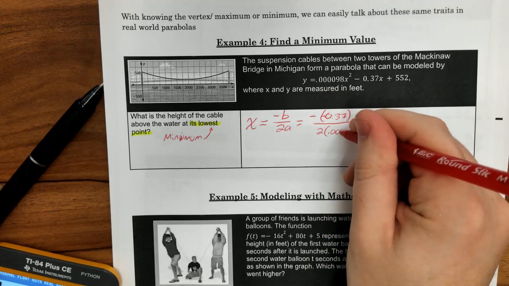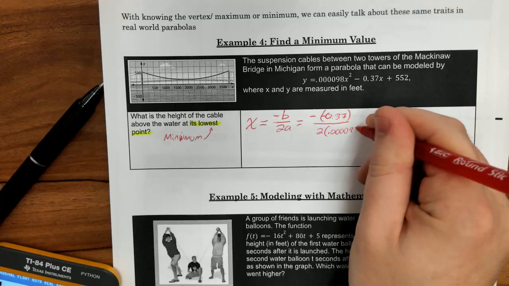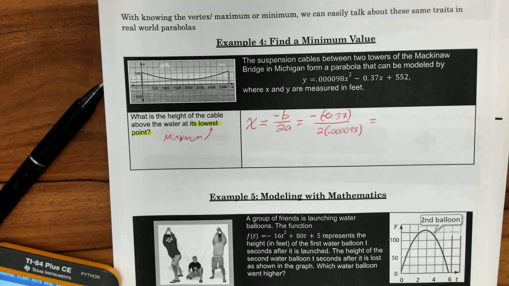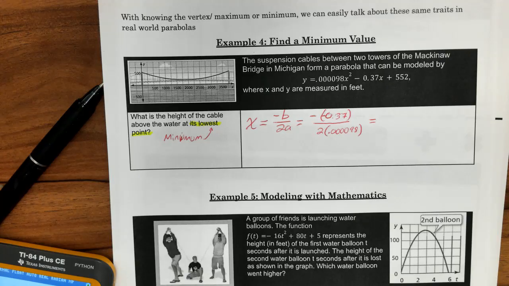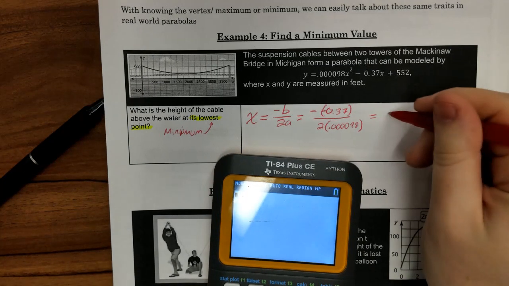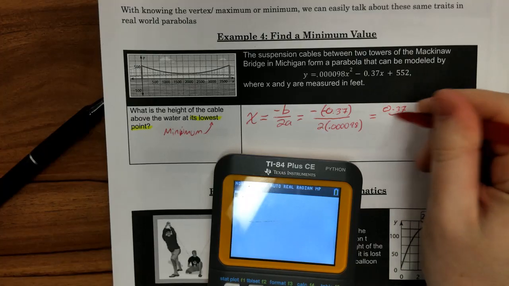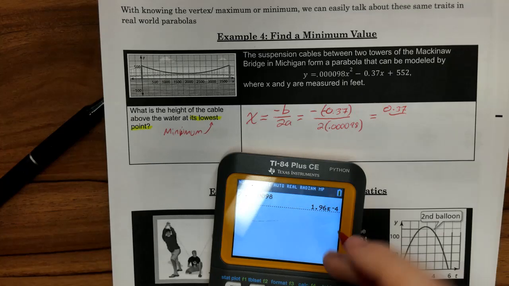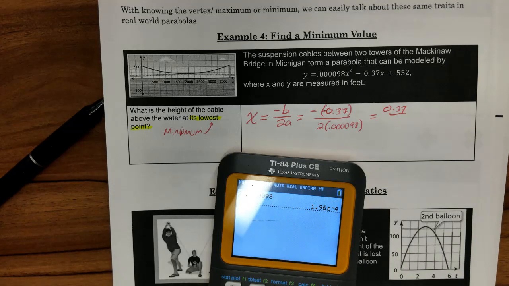It's 0.000098. This is one that I would almost recommend using your calculator for. So we know that negative 0.37 is going to be 0.37. We know that 2 times 0.000098 is going to be, well, our calculator gives us this.